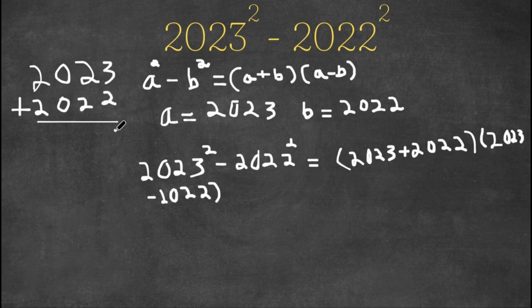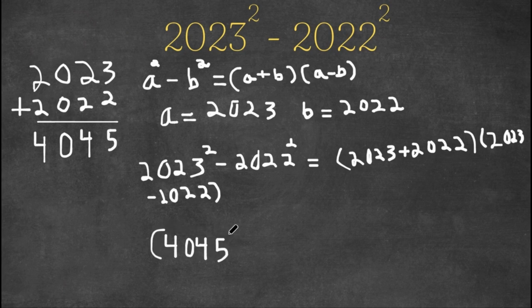So we have 3 plus 2, which is 5, 2 plus 2, which is 4, 0 plus 0, which is 0, and 2 plus 2, which is 4. So 2023 plus 2022 is 4045.